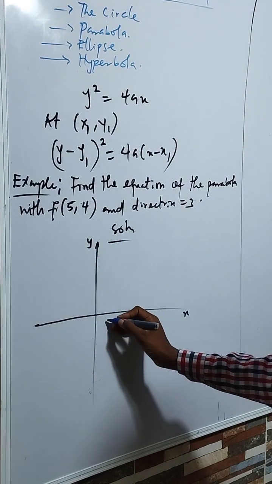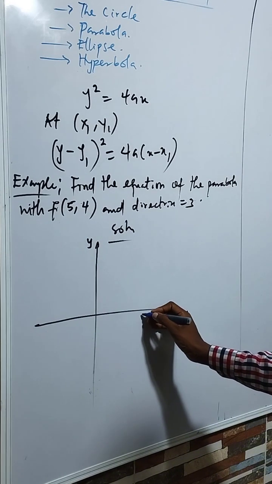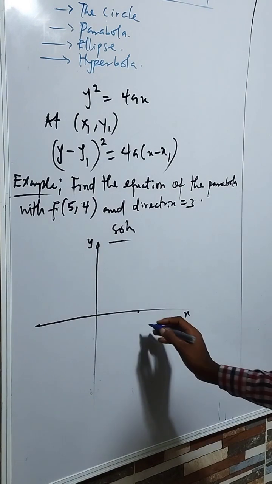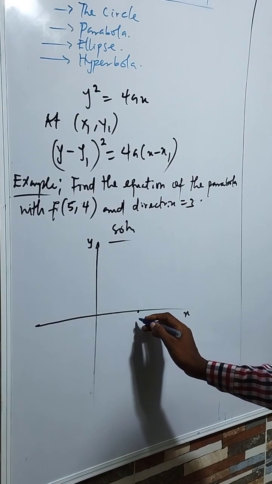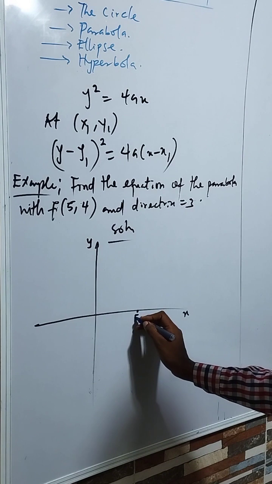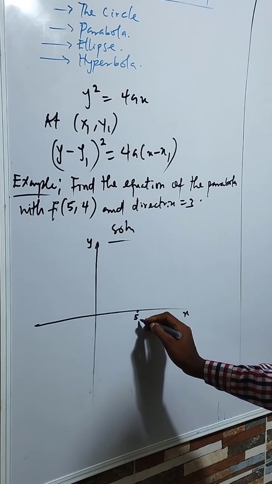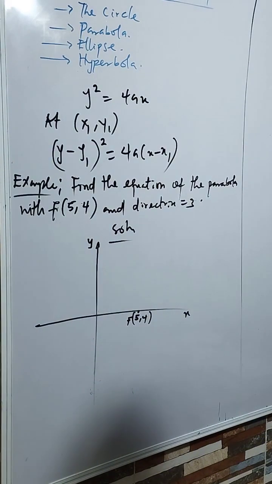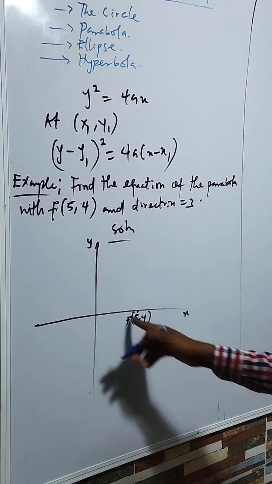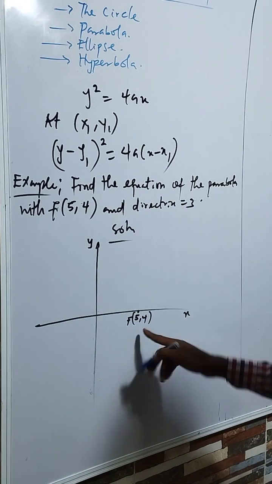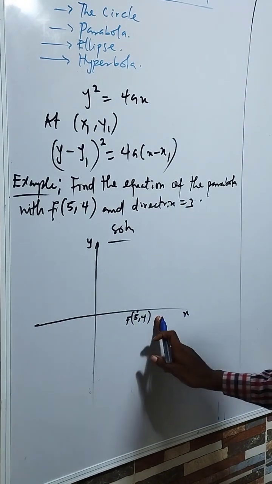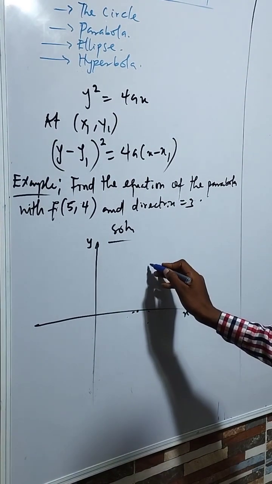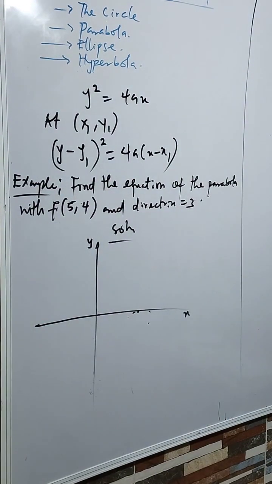If I have here 1, 2, 3, and 4, I can place this focus here at the point (5,4). The meaning of (5,4) as my F is that it is not at the origin. So the curve will be something like this.